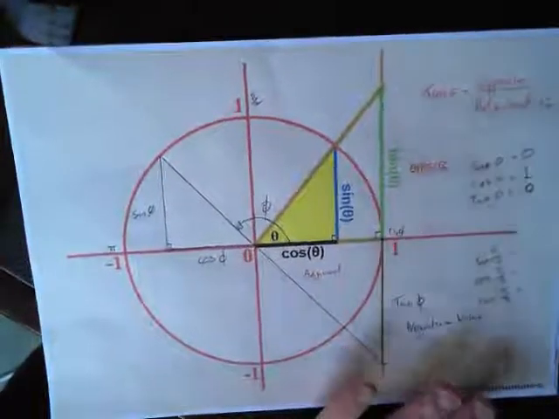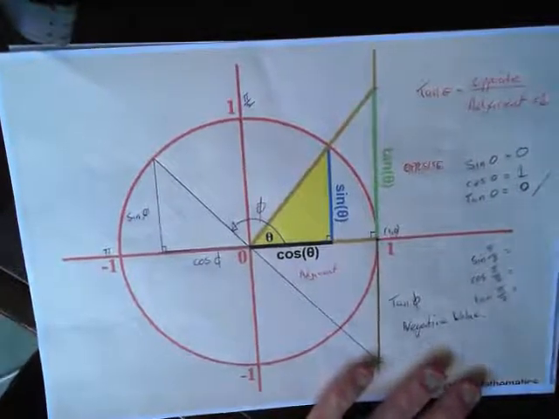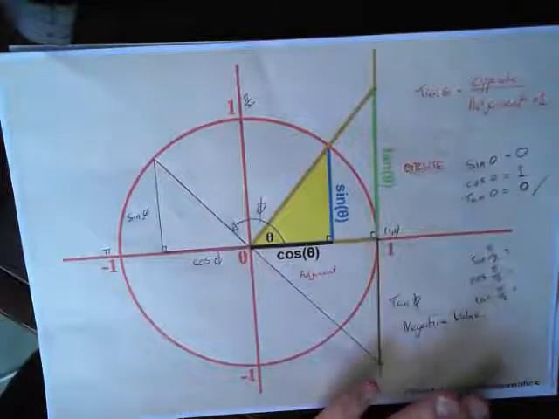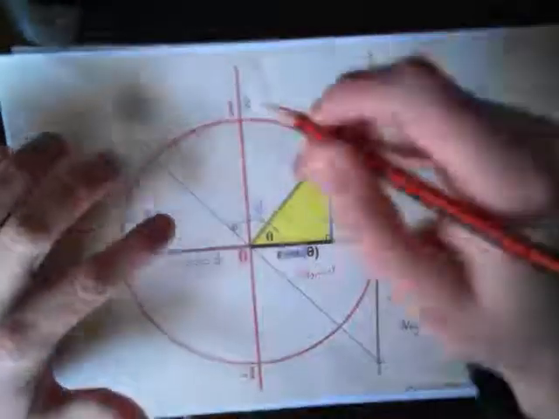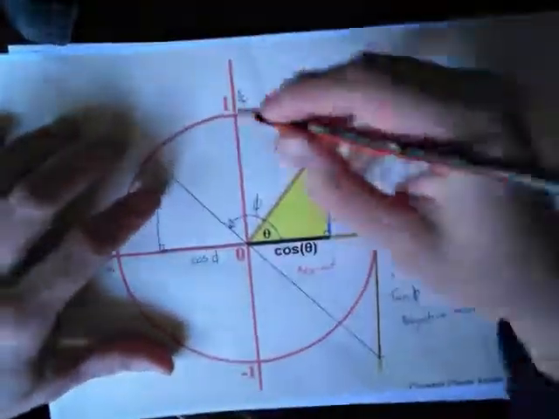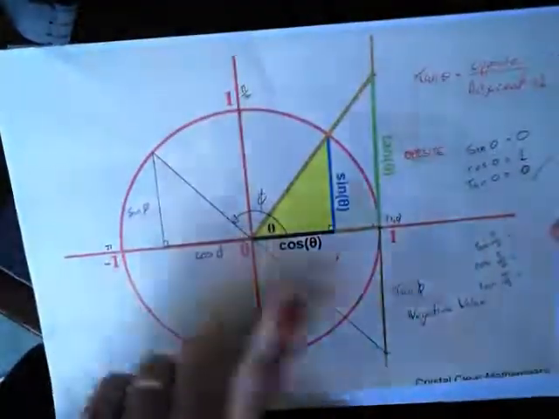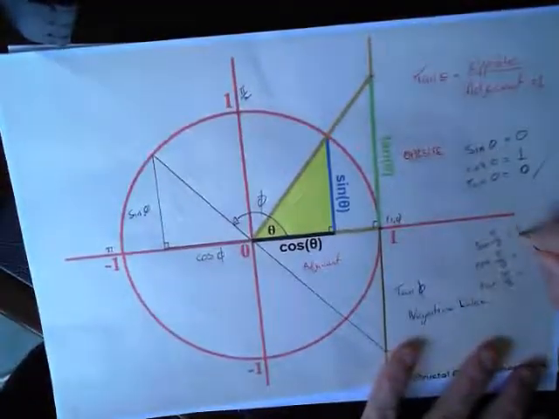Something you just need to bear in mind. Now we also want to look at the angle pi on 2, or 90 degrees. So 90 degrees is from here to here. The sine of 90 degrees is that whole length there. It's all vertical component, so the sine of 90, or pi on 2, is 1.